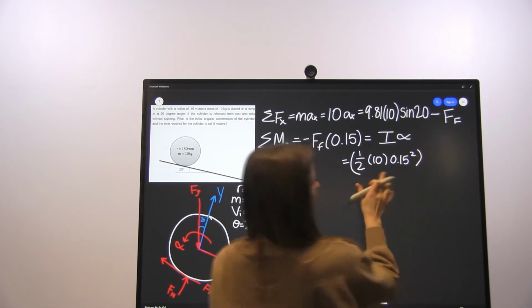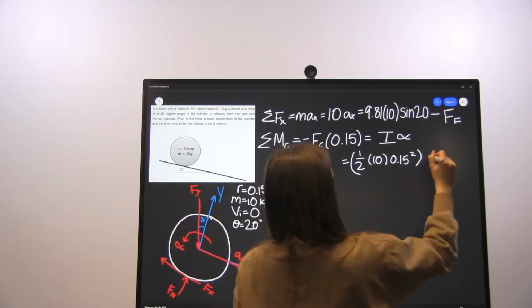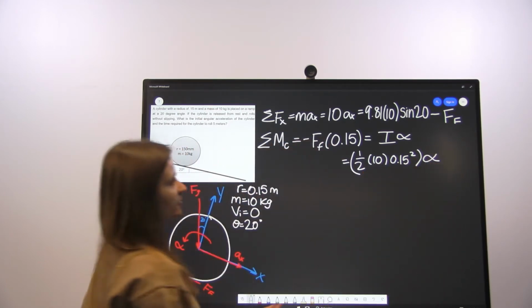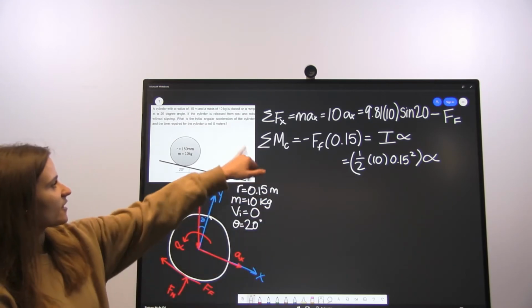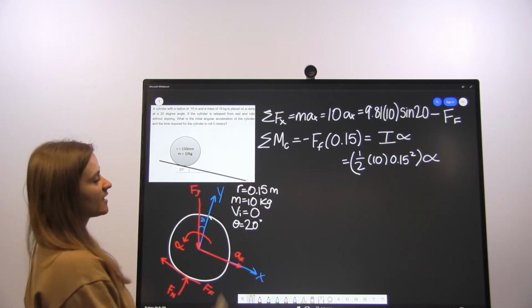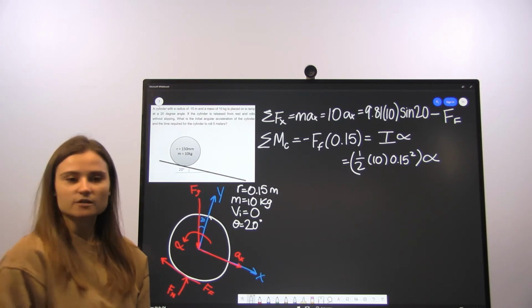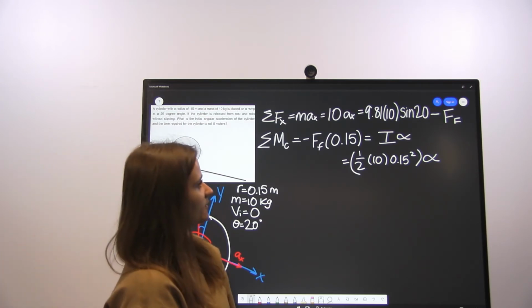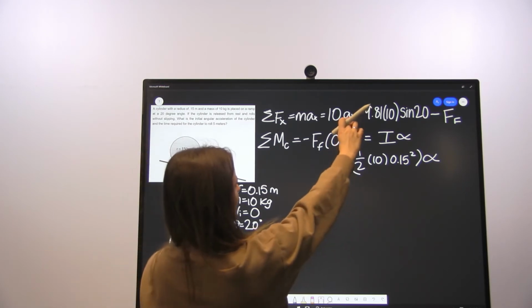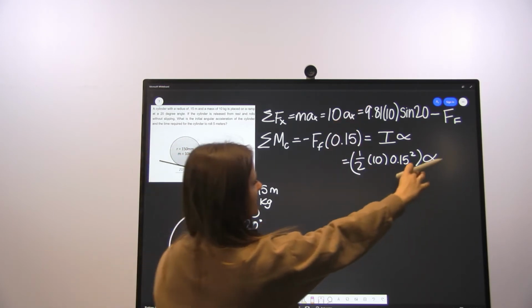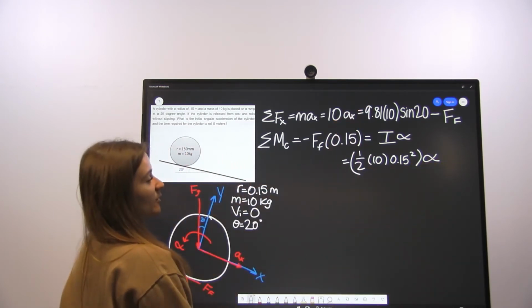This is our I value, and we multiply that by angular acceleration. So we have our sum of forces in the x direction, and then our net moments acting on the center of the cylinder. We have the term of acceleration in the x direction, and we have our angular acceleration, and we want the angular acceleration.